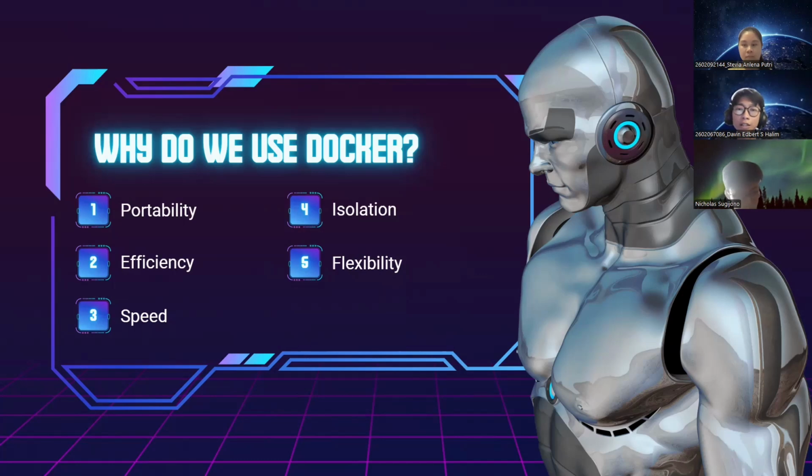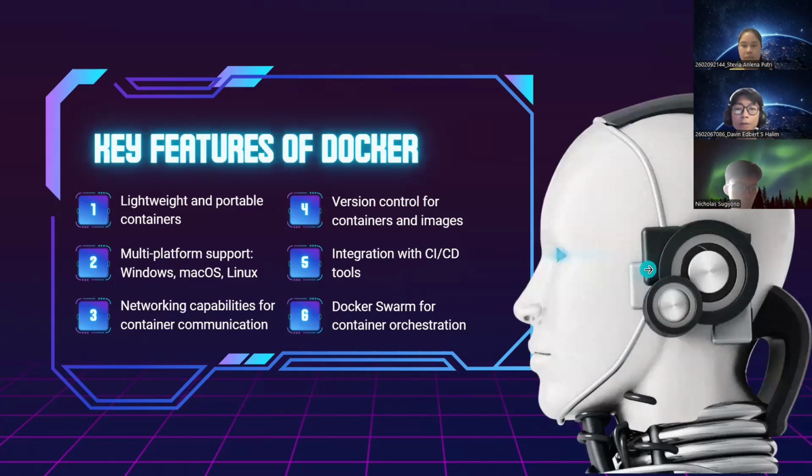Third, it allows for rapid deployment, helping teams deliver applications faster. Fourth, Docker's isolation capabilities prevent conflicts between dependencies of different applications. And finally, it is highly flexible, making it ideal for implementing a microservices architecture. These reasons explain why Docker is a game changer for developers and operations teams.